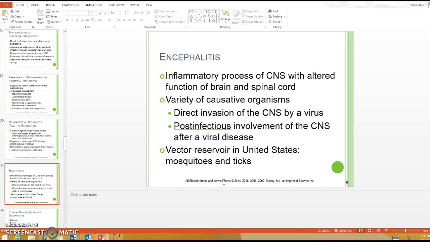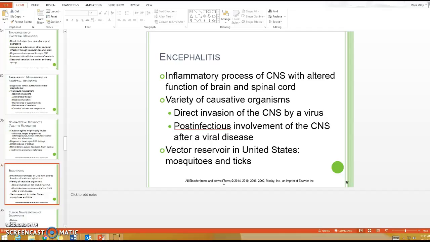Commonly, the virus is transmitted via a vector, so a mosquito, a tick, I'm trying to think what else, bites, fleas, they can transmit these viruses.